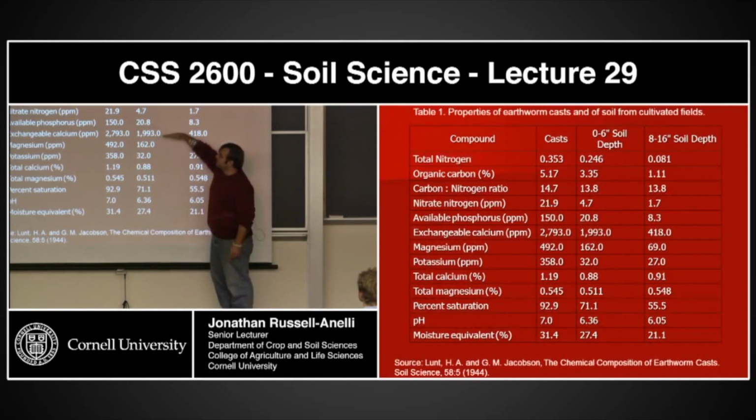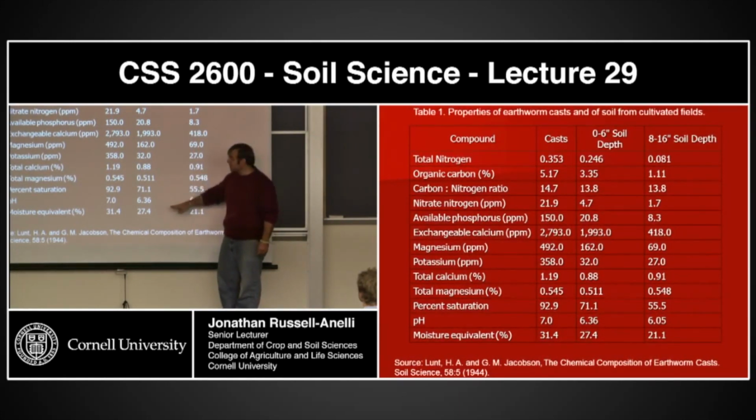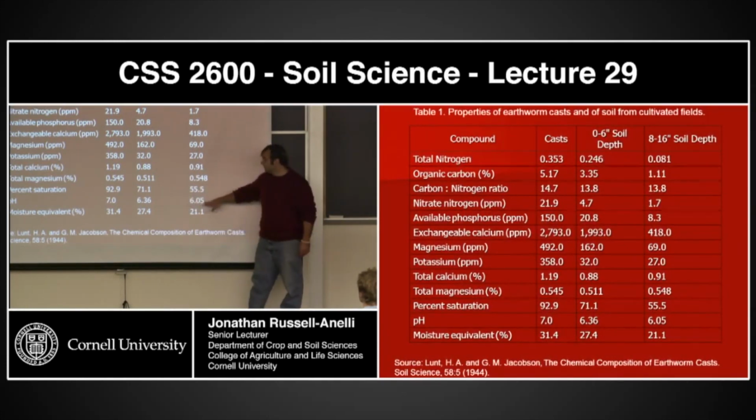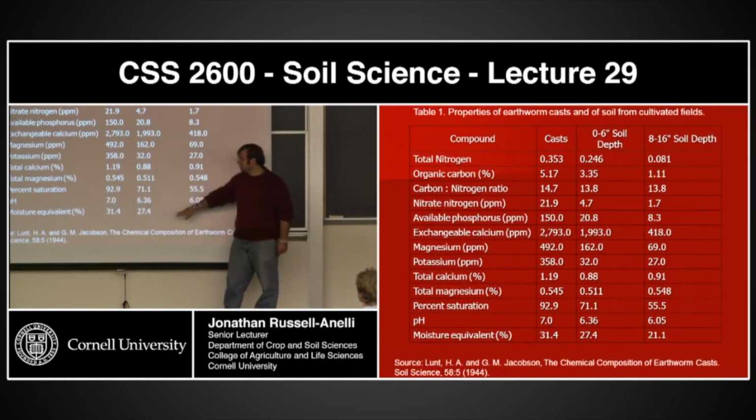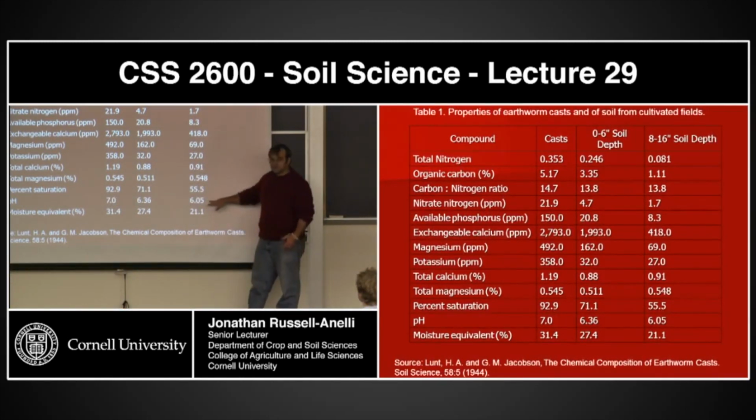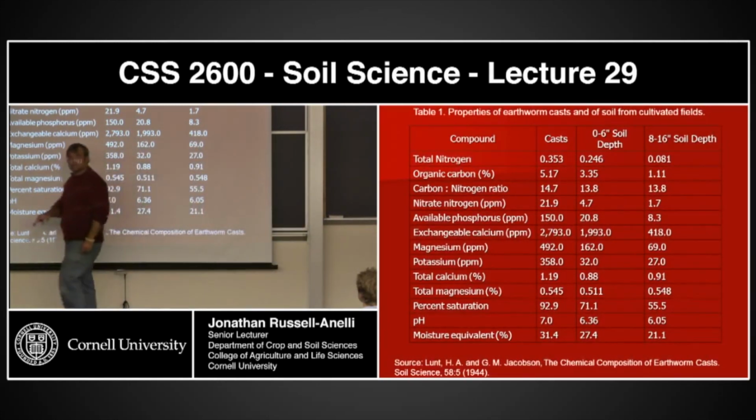Available phosphorus, calcium, magnesium, potassium, total calcium, total magnesium, percent base saturation. And another very interesting thing here is the pH. Look at these pH numbers. The pH in the cast is around 7. The native soils, they're not that acidic. But if this cast is around 7, what is that saying to me about nutrient availability?